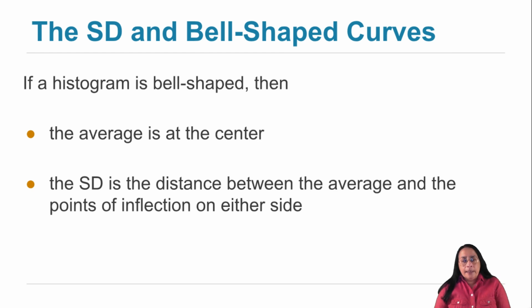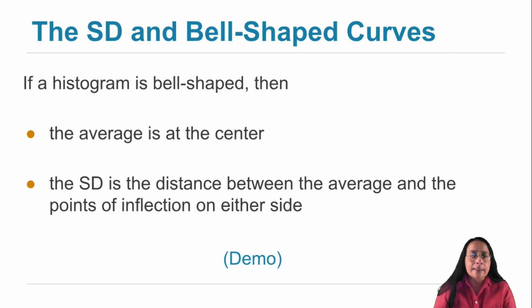And the SD is the distance between the average and the points of inflection on either side of the curve. There's the average in the center, and to get at the SD, you go on either side up to what is known as the point of inflection, and we will see that on a histogram.